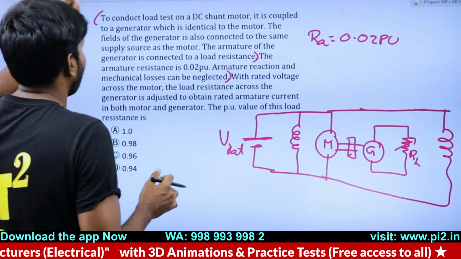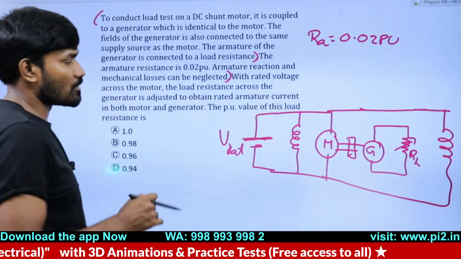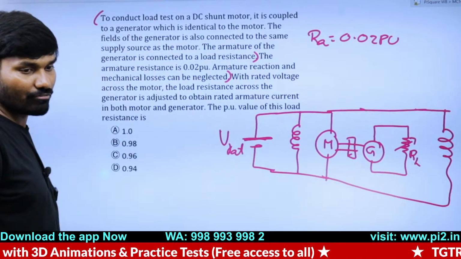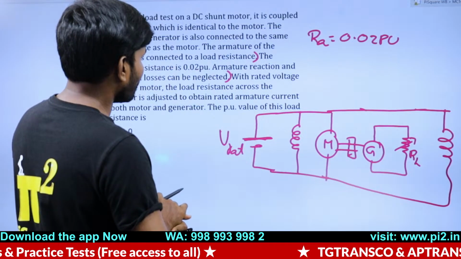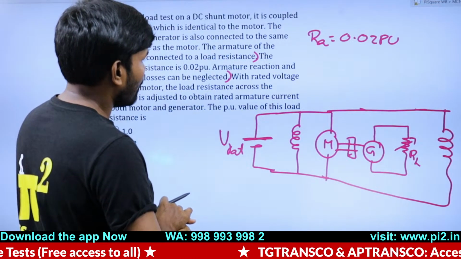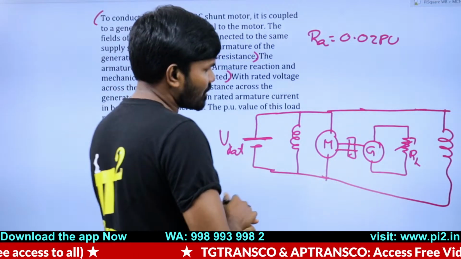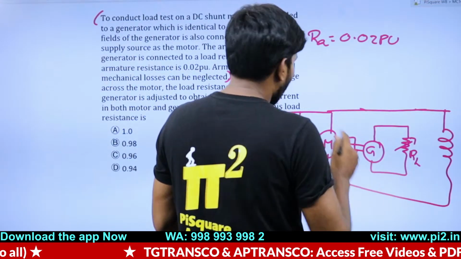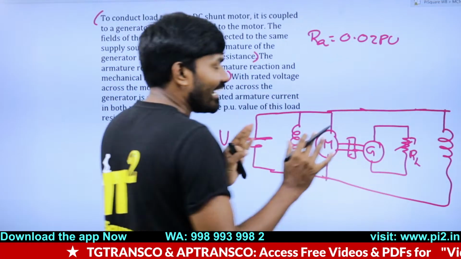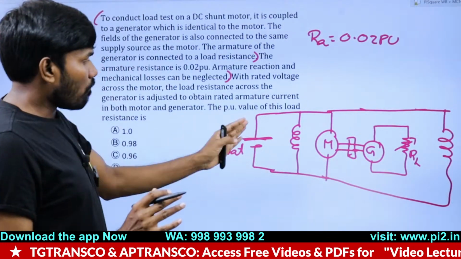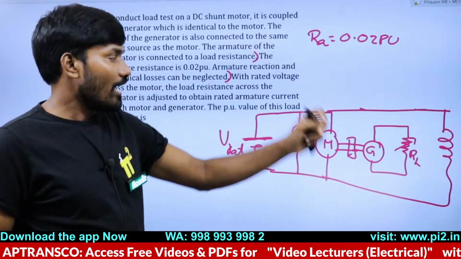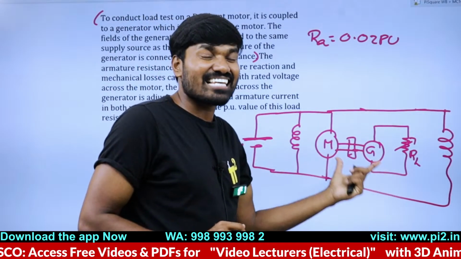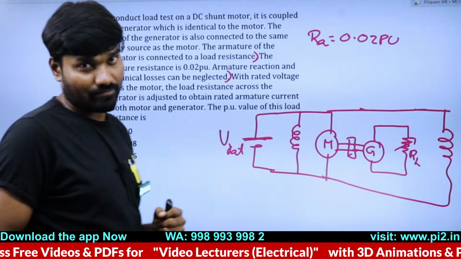So both are loaded equally. That's a fantabulous question. First of all, one key observation: both fields are rated, both field currents are the same, and both have the same speed.